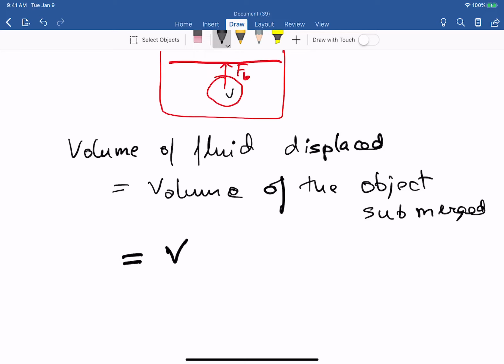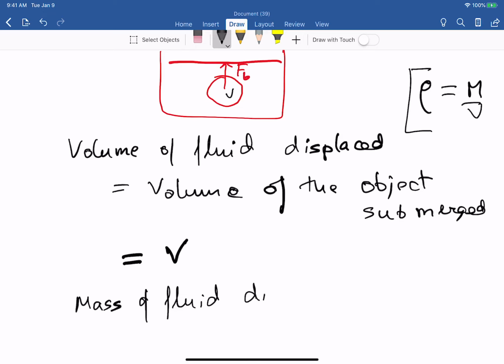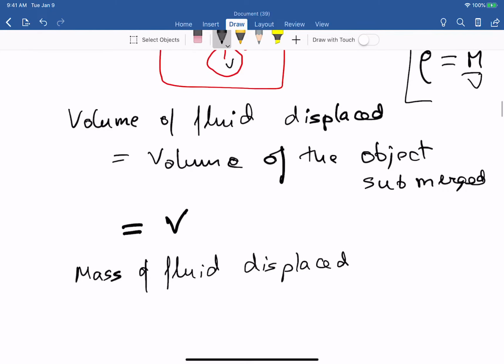We are going to use this very important relationship that density is mass divided by volume. We are going to use this relationship a lot in this chapter. So the mass of fluid displaced, we already have the volume of the fluid displaced, would be volume multiplied by the density of the fluid, right?